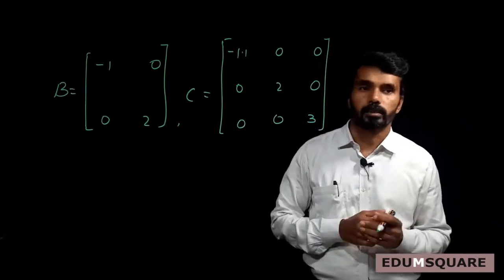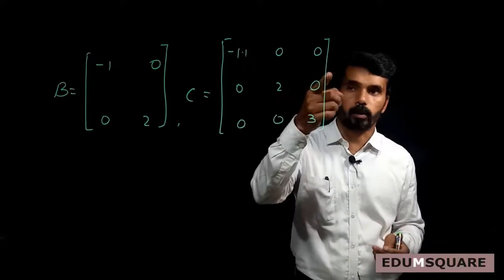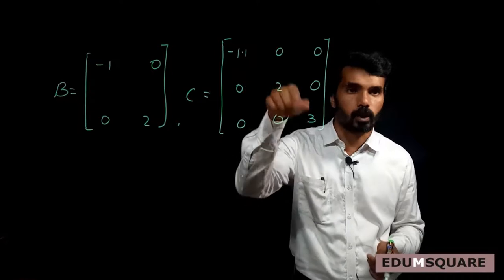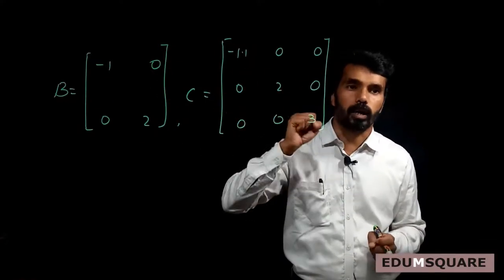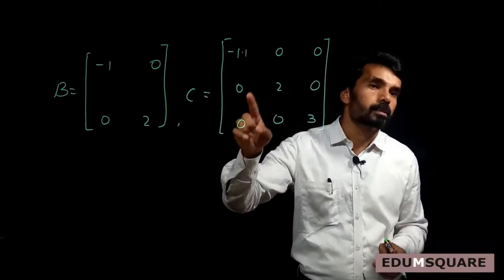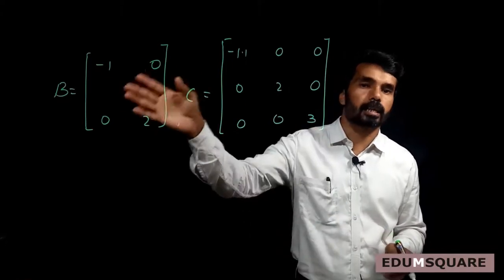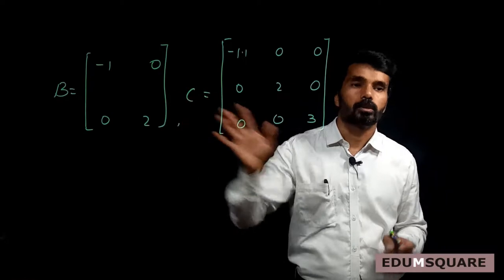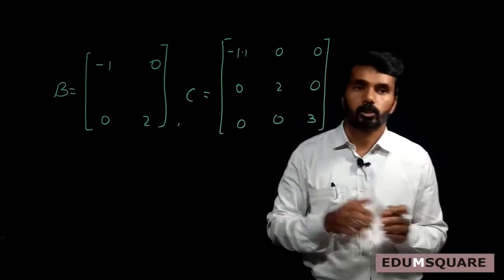Yes, first one, let us see that this is a square matrix. Since the number of rows and the number of columns are equal, this is a square matrix. Similarly, this also, that is, both these matrices are square matrices. Here the order of the matrix is 3 and here it is 2. So this is one speciality of these two matrices.